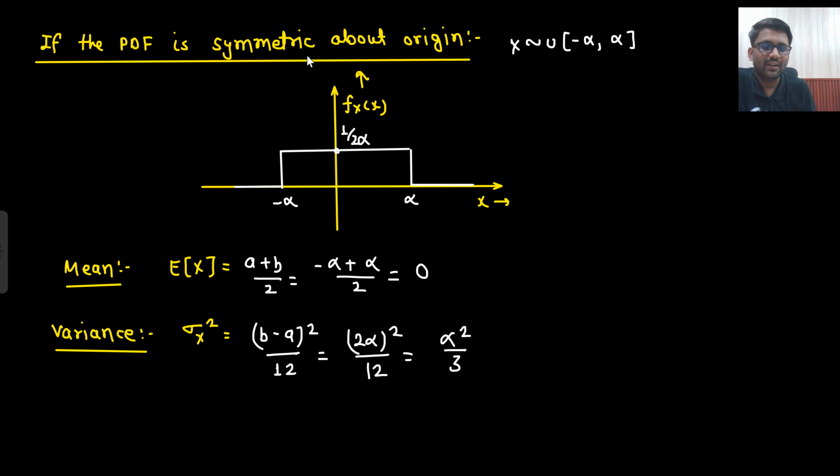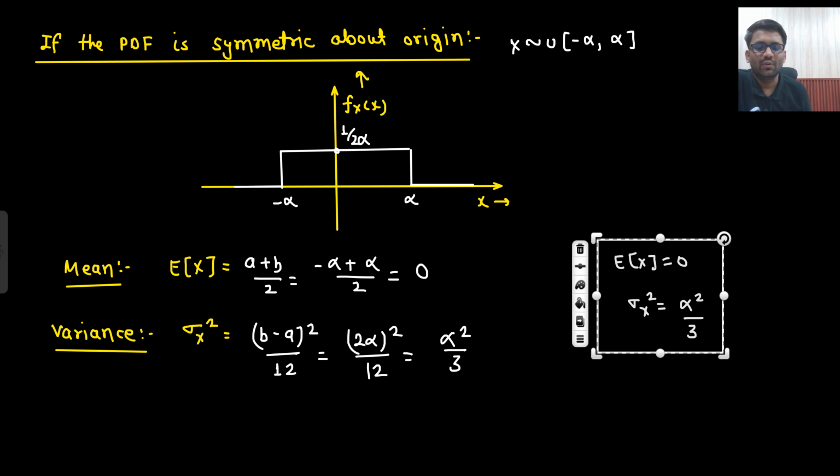So for a uniform PDF which is symmetric about origin, the mean is 0 and the variance is alpha square by 3. Okay? You don't need to remember it. You will be able to derive it very easily. You don't need to mug it up. Well and good.